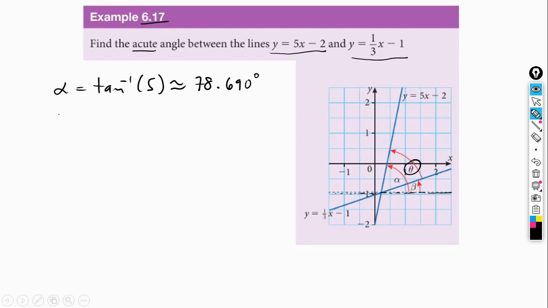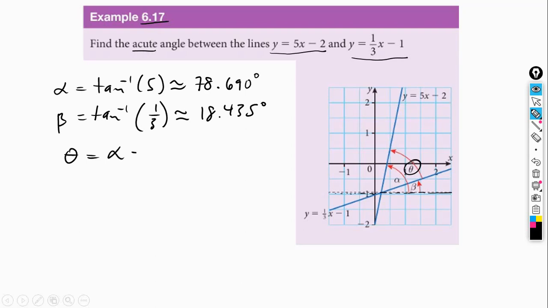Then we have that beta is equal to the inverse tangent of the slope of the second line, which is 1/3. And here we get approximately 18.435 degrees.